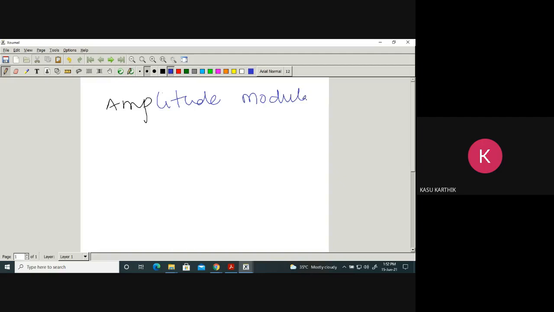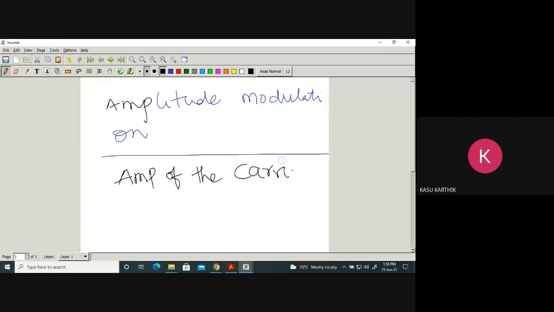I told you in the last class: the message signal modulates the carrier amplitude. Or you can also write it like this: the amplitude of the carrier changes or varies according to the amplitude of the message signal.